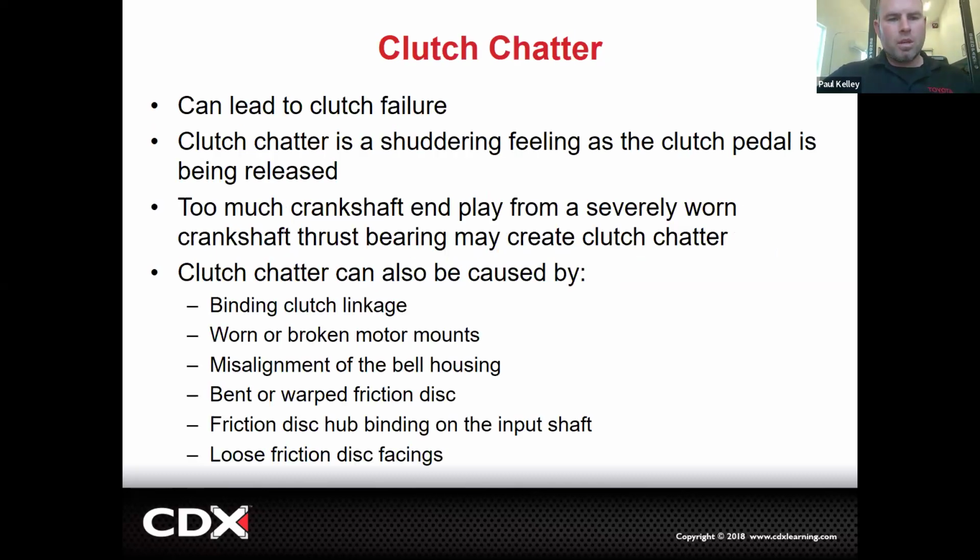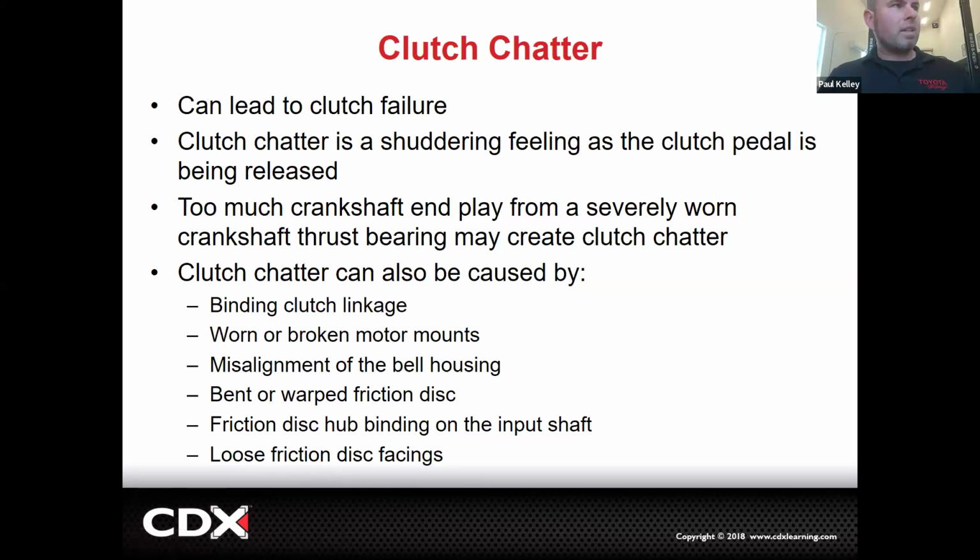It applies to both, right? And then chatter, we're talking about, that's like a brake pulsation. Cool. We could even potentially have an engine crankshaft that has too much end play. So if it were to have a thrust bearing that was totally worn out, it could have end play. That can cause some clutch type stuff too.